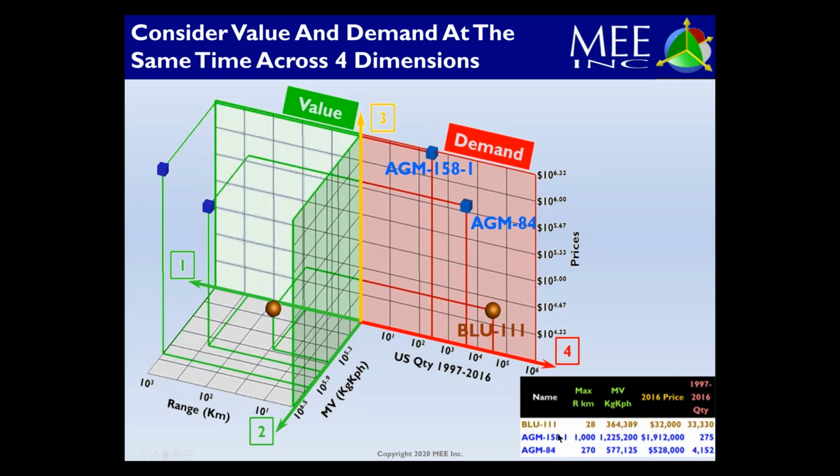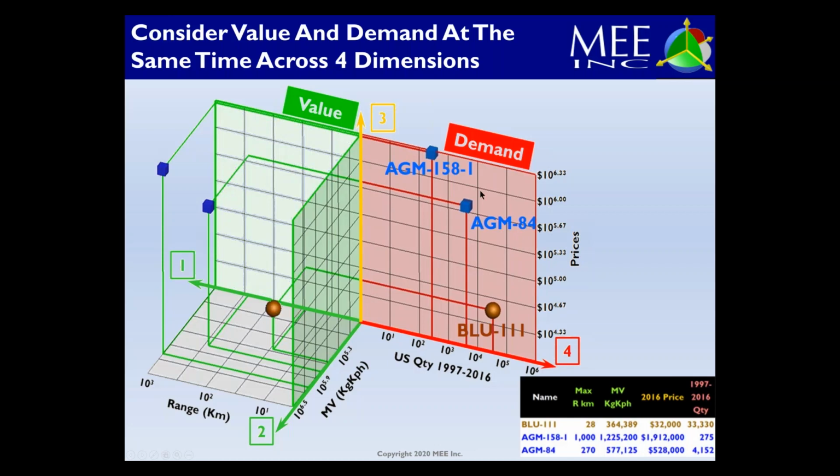Similarly, the AGM 158-1, this is the Jason missile. This has got the longest range in the database right now. So it's got a 1,000-kilometer range here. And it's got this MV term, so its momentum and its range combine to produce this value. And that value in turn turns into this quantity here, which is quite a bit lower, 275.